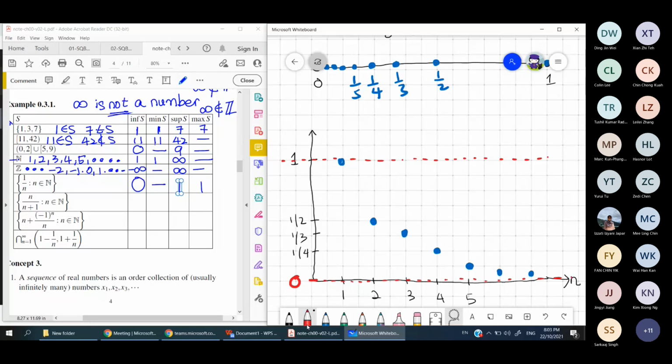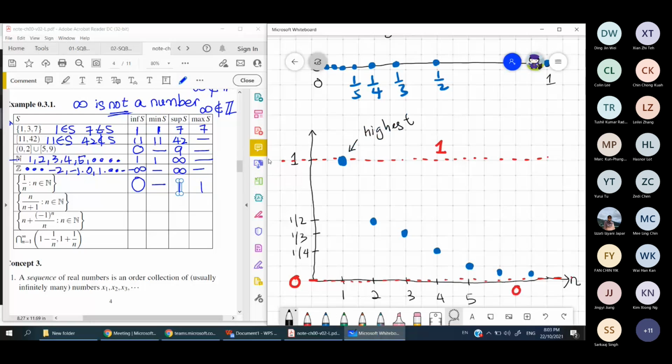This is the line 1. This is the line 0. Since the dot touches the line y equals 1 here, and this is the highest, that's why this is a supremum, which touches the border here, and the maximum is 1.